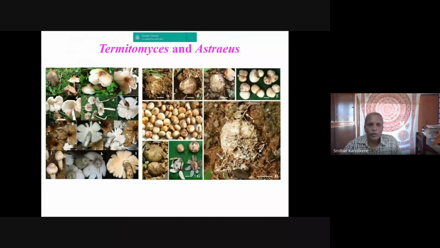And this is how they look on the surface of the soil, where they are attached to the roots of plants. You can see very clearly in the last panel how this bulbous structure has entangled with the roots of some of the plants, as it is ectomycorrhizal. Unlike Geastrum, it opens up erratically.